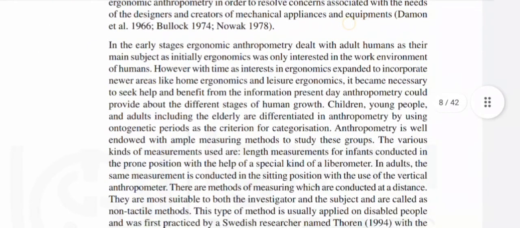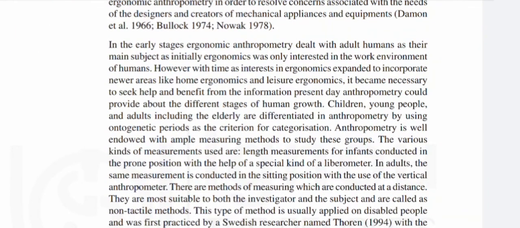In the early stage, ergonomics anthropometry dealt with adult humans as its main subject, as initially ergonomics was only interested in the work environment of humans. However, with time, as interest in ergonomics expanded to incorporate newer areas like home ergonomics and leisure ergonomics, it became necessary to seek help and benefit from the information present-day anthropometry could provide about the different stages of human growth.